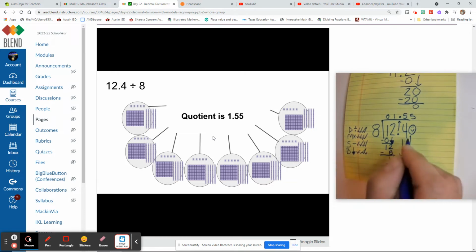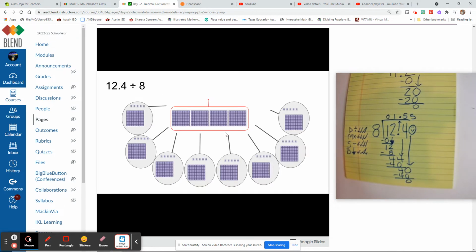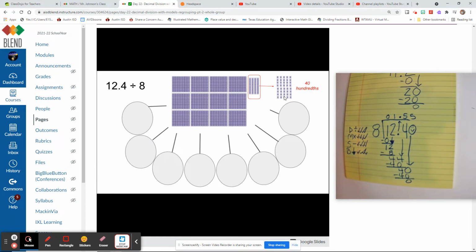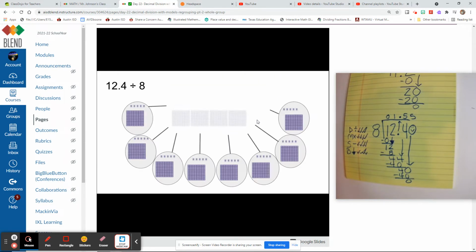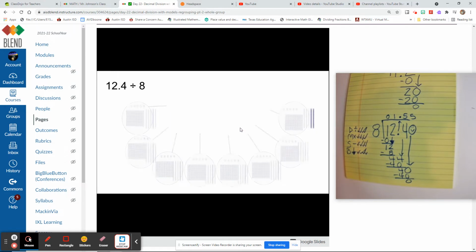And basically, when we added that 0 to our long division problem, we turned our 4/10 into 40 hundredths. That is the same thing as what happened in this step way over here, where they turned the 4/10 into 40 hundredths. All right, so let's move on. There's the algorithm.